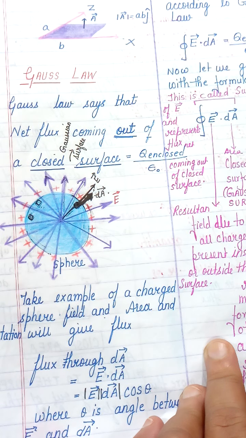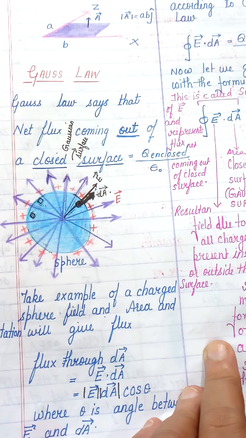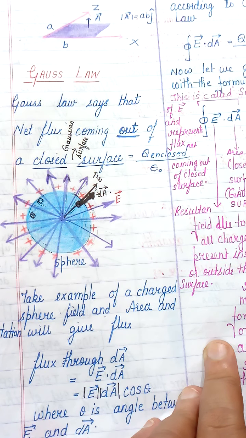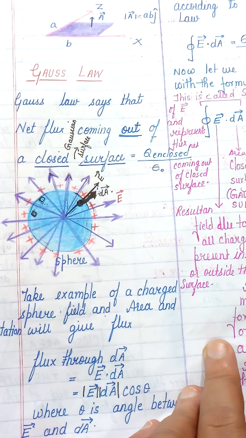Gaussian surface is a closed surface area which passes through that point where we are supposed to calculate electric field. Listen to me again. Gaussian surface is that surface area, closed surface area, which passes through that point where we are asked to calculate electric field.